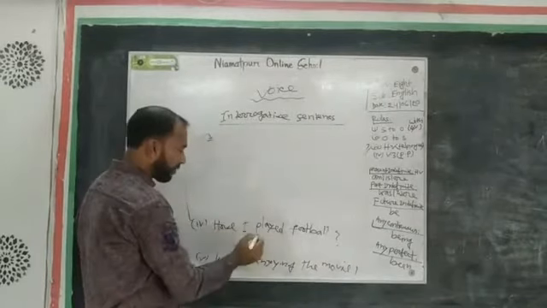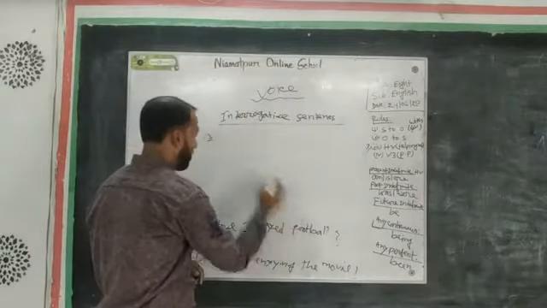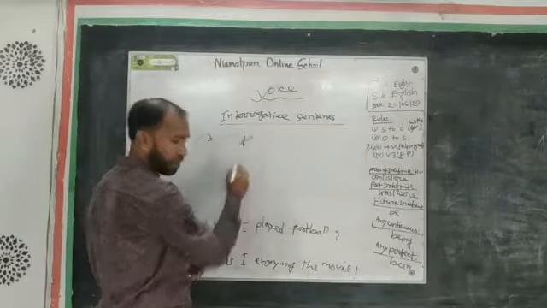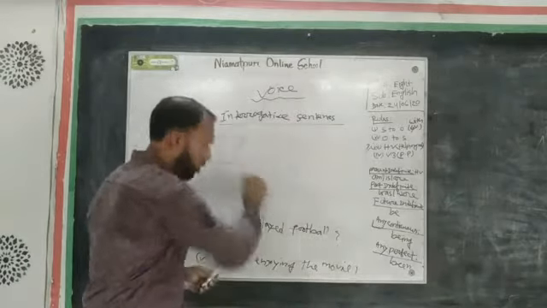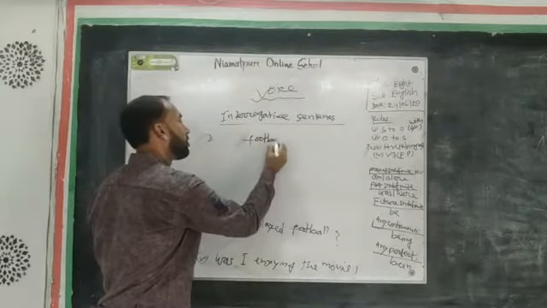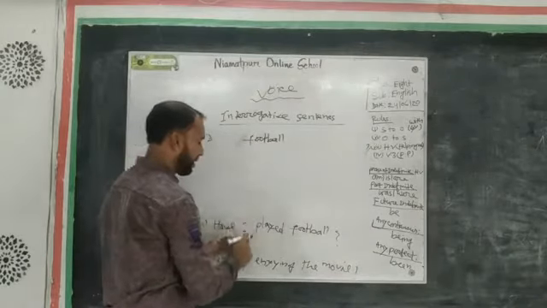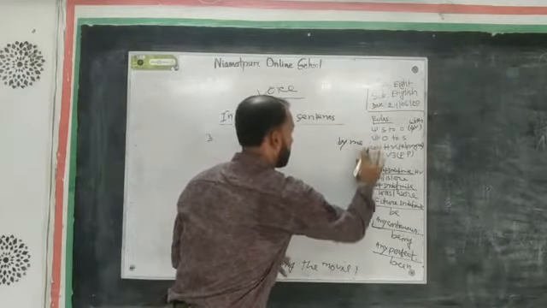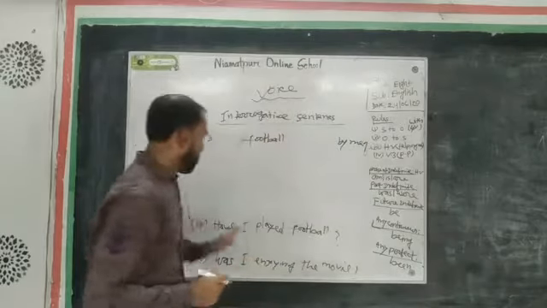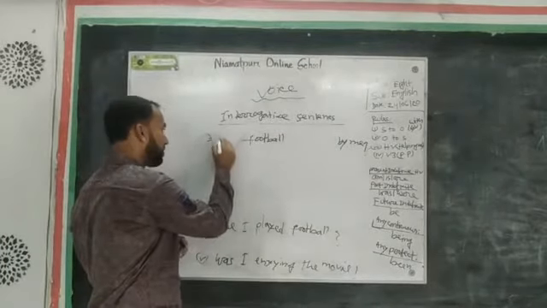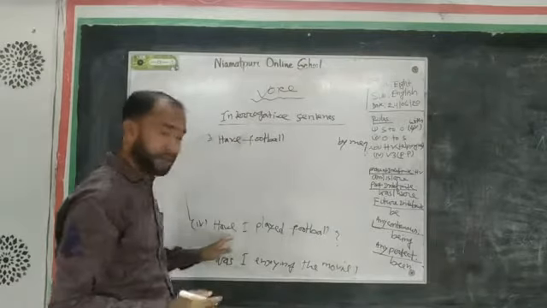So this is perfect tense. Football, object to subject, and by me. The helping verb is used here because this is an interrogative sentence.